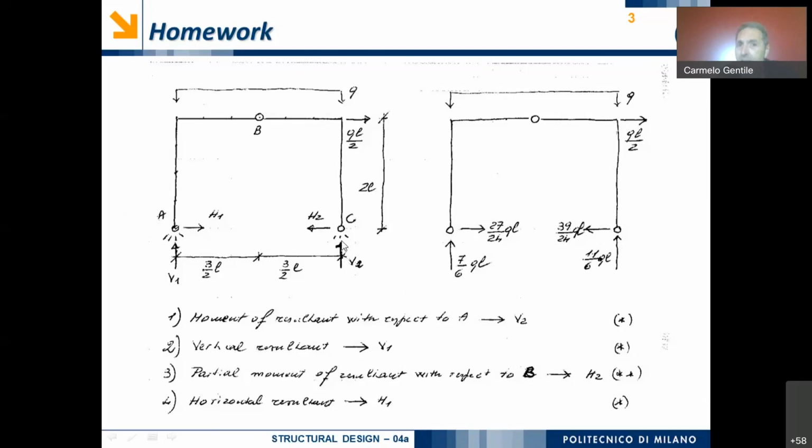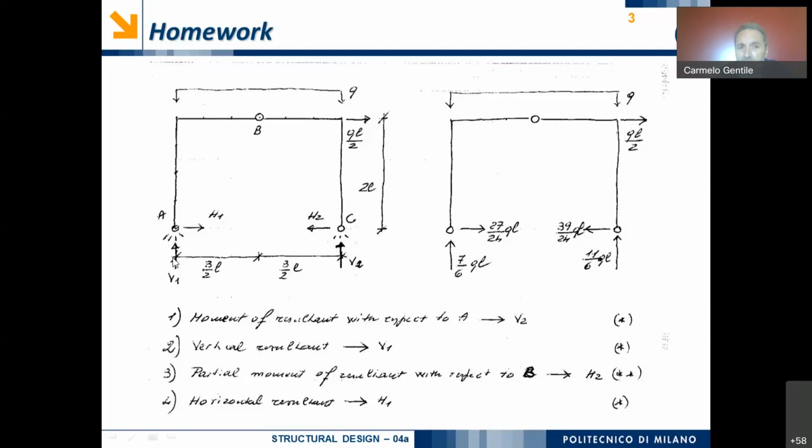Afterwards, once I know the vertical reaction V2, the only vertical reaction which remains unknown is V1. And so it is very easy to write the equilibrium of the vertical forces in order to say that the vertical resultant on the overall structure is equal to 0.